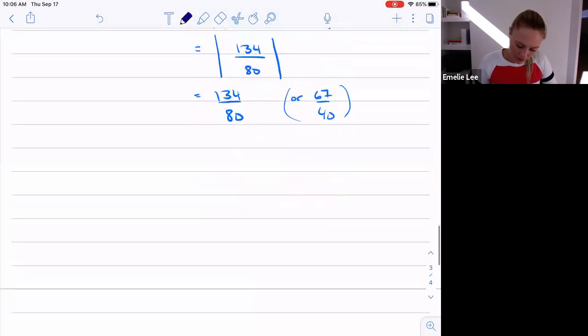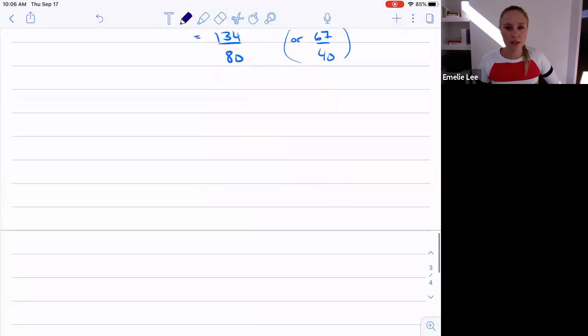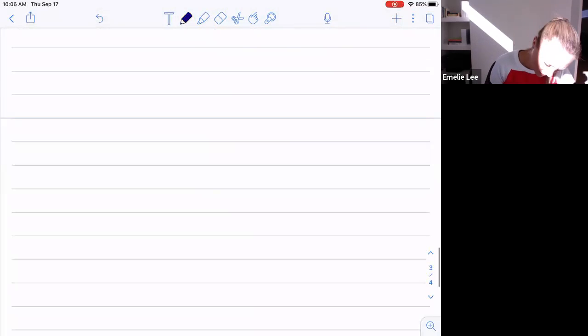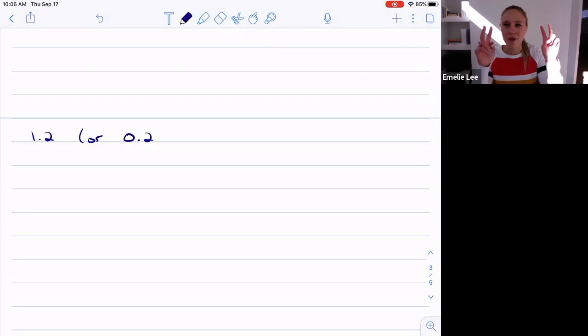So I'll start on a new page. This is section 1.2, or for us, we'll just call it 0.2. We're in chapter 0, let's call it, because chapter 1 is functions for us.